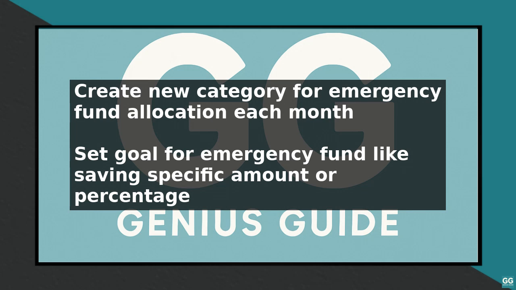Practically, if you earn $4,000 per month, you can allocate $2,000 towards necessary expenses, $1,200 towards discretionary spending, and $800 towards saving and debt repayment. Within the $800, you can allocate a specific amount towards your emergency fund, such as $500.